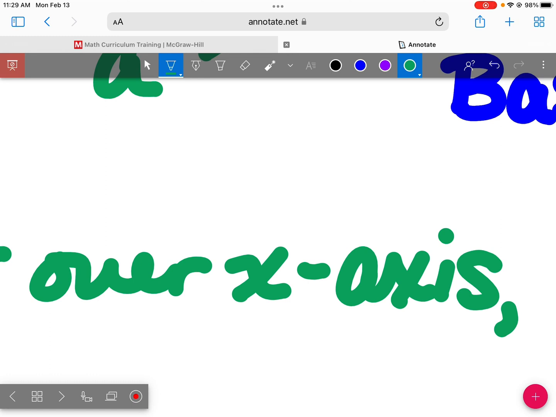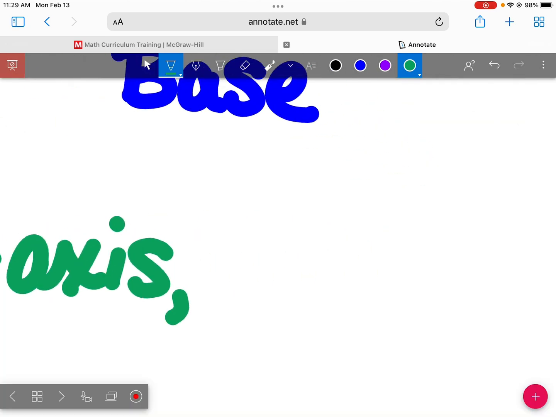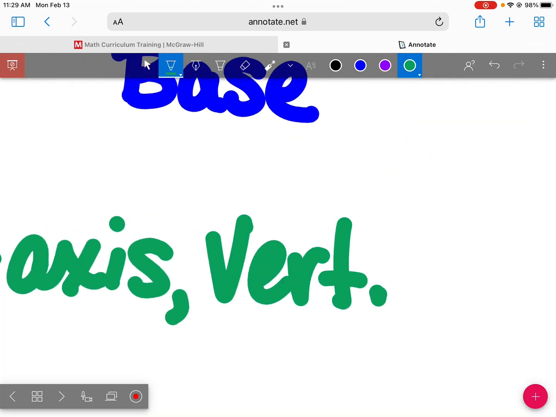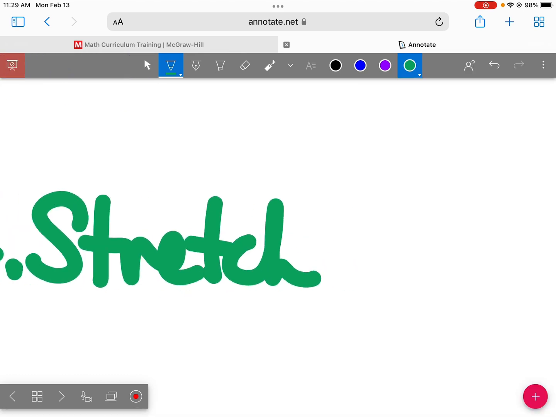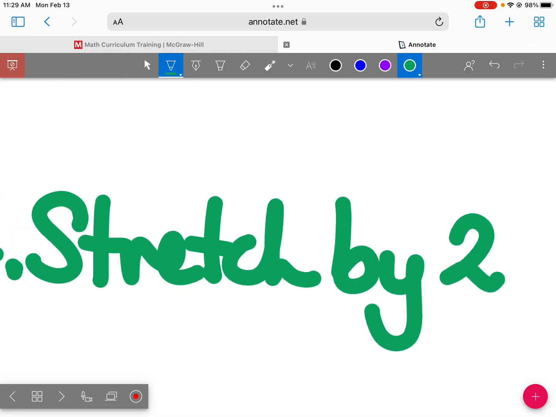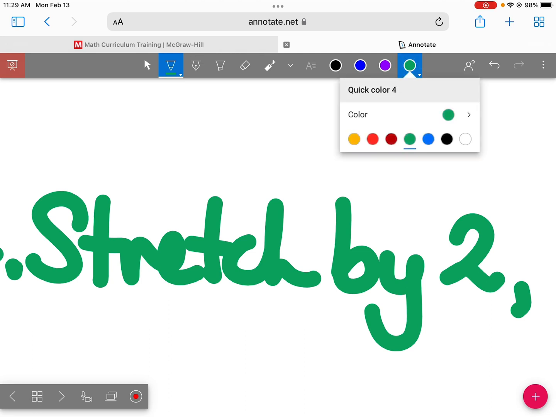That's what the negative part of the number is doing. If I ignore the negative part and just look at the 2, what is that going to do to the graph? That's going to vertically stretch it, vertically stretched by 2. So that's A.